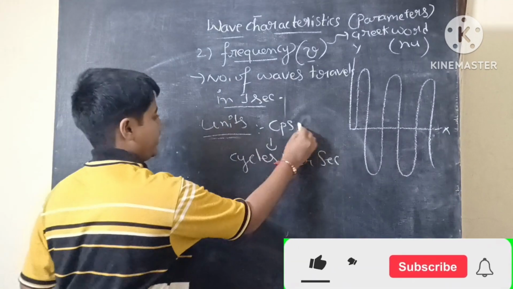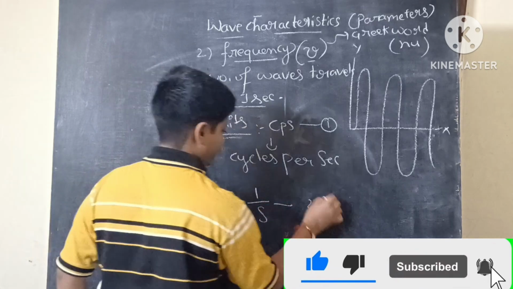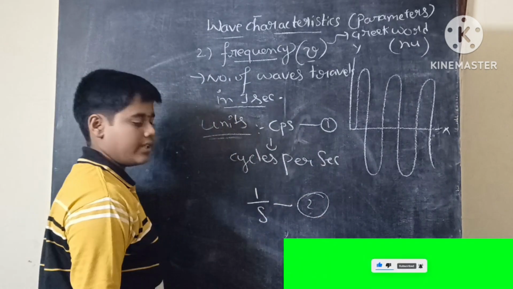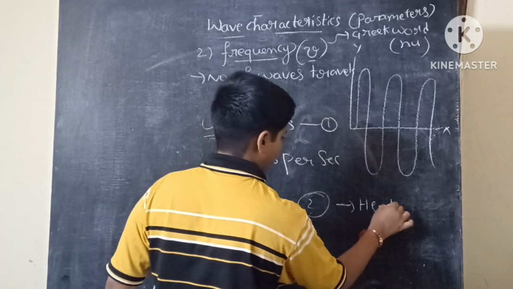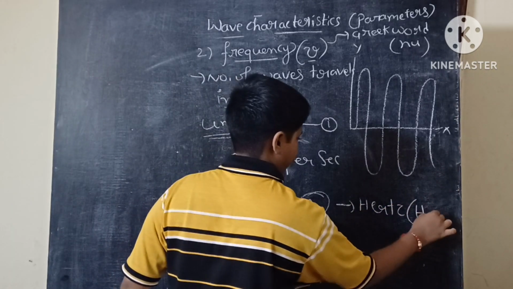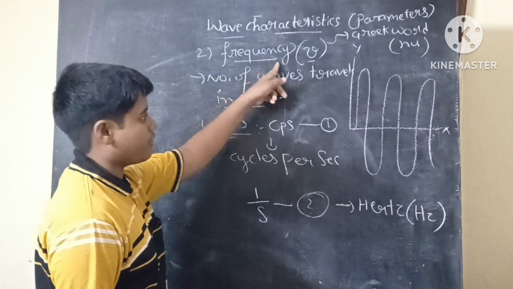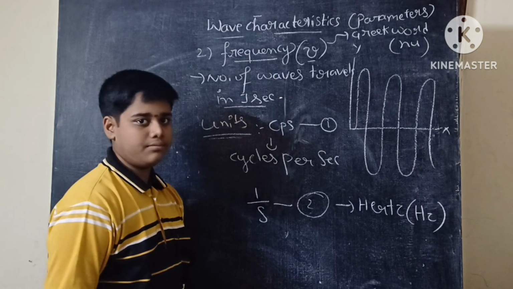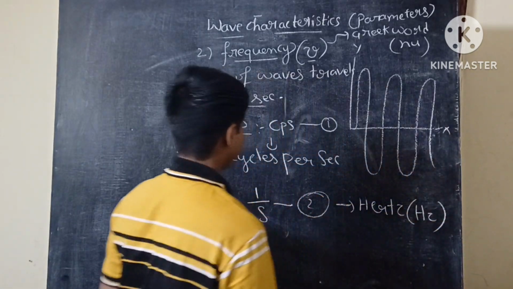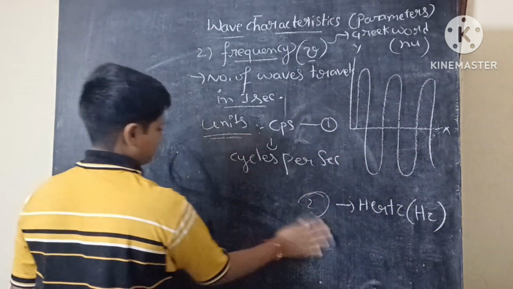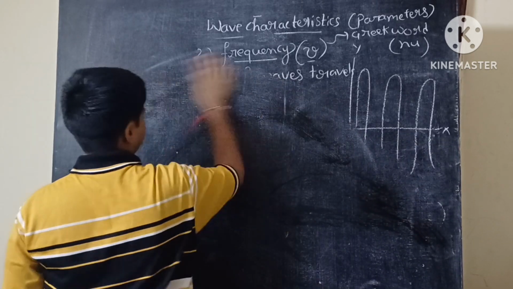This is one of the units. The second unit is 1 by second, which is also known as Hertz, Hz. So these are the 2 units to measure frequency. So this is frequency.